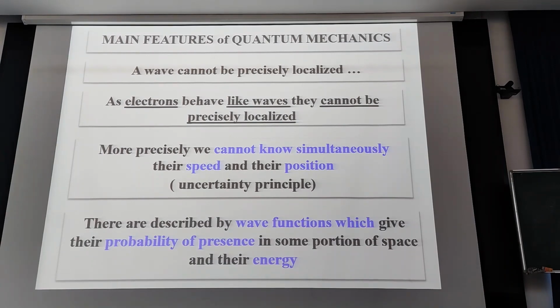So they are described by a wave function, which gives the probability of presence in some portion of space, and the energy. So that means instead of saying that the electron moves in an orbit and at any moment I know exactly the position of the electron, I can now only predict the probability that I can find the electron at this position, but not 100%.